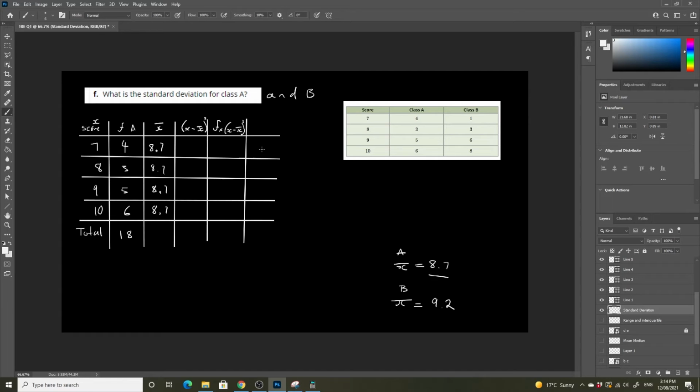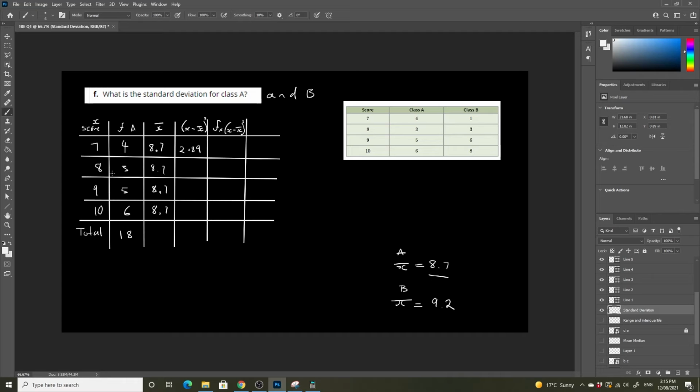And then we need to solve for each one of these. So for the first one, we need to do our score, which is 7 minus 8.7, which is going to be negative 1.7, and then that squared is going to be 2.89. So we do score minus our mean, and then we square it.